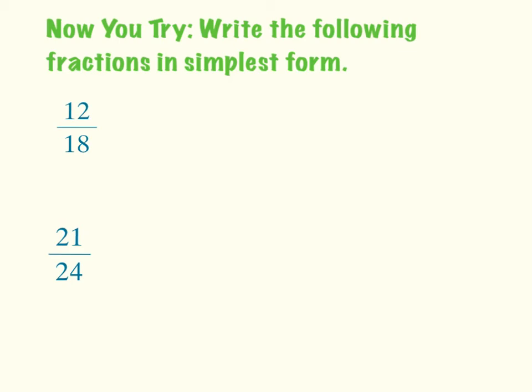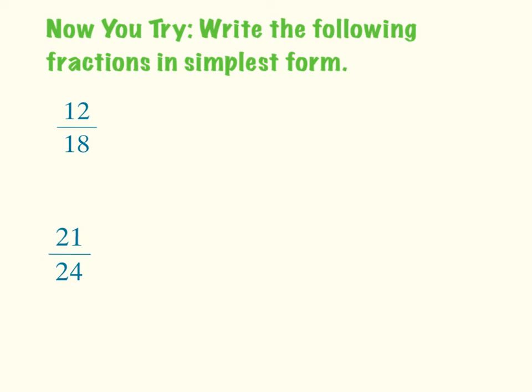Welcome back. I hope you've attempted simplifying these into their simplest forms. So if I'm looking at 12/18, I'm trying to figure out which number I could use to get to simplest form. Well, I know they're both divisible by 2, and then I keep thinking, 12 is also divisible by 3. So then I go up to 4. 18 is not divisible by 4.